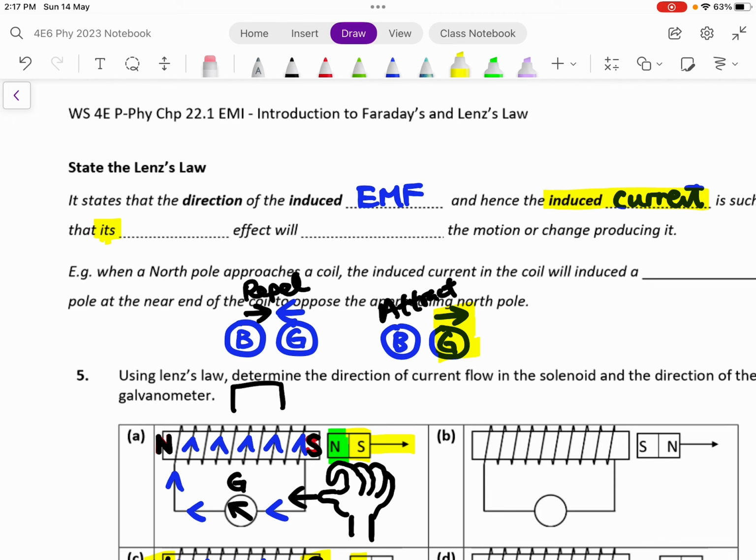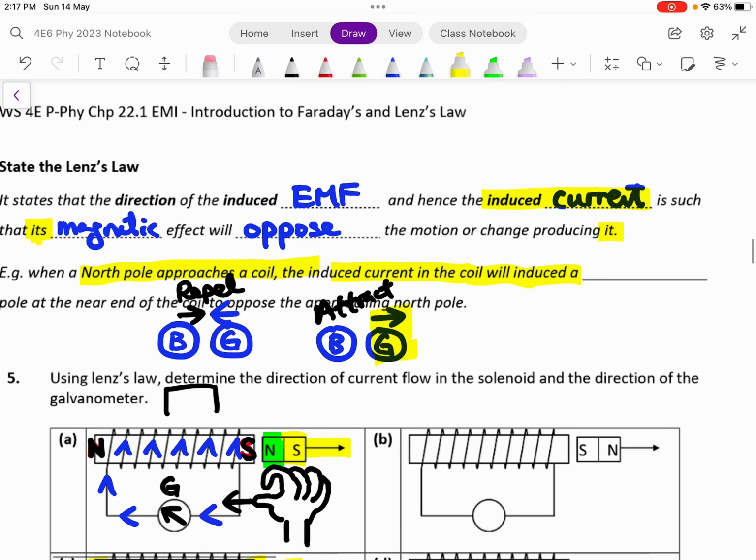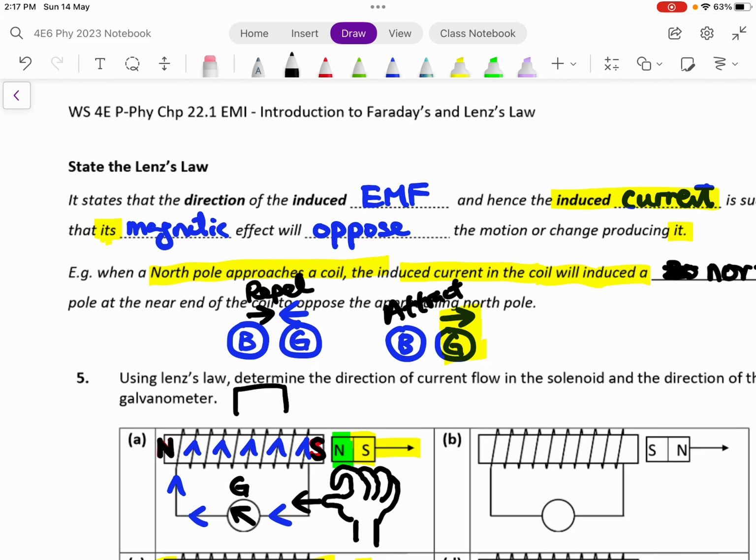So Lenz's law says that the direction of induced EMF and hence the induced current is such that the induced current's magnetic effect will oppose the motion or change that is producing the induced current. So for example, if you have a north pole approaching a coil, the induced current in the coil will induce a north pole at the near end to oppose the approaching north pole.